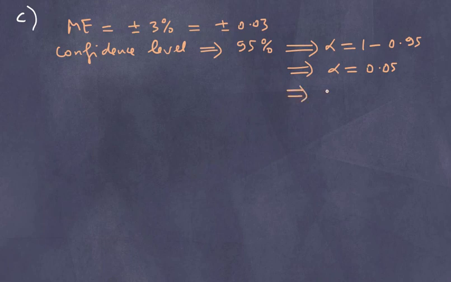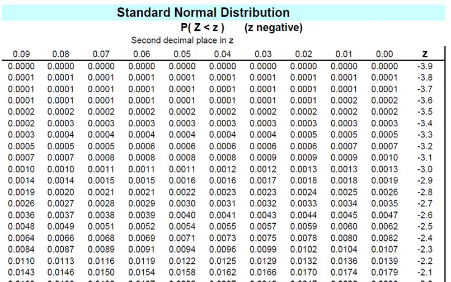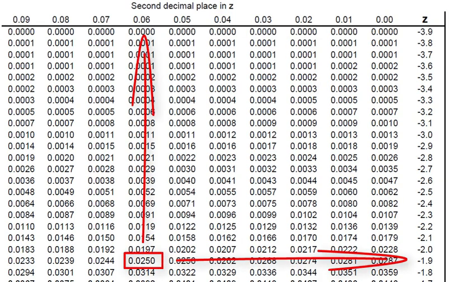But then you have to divide alpha by 2. That's 0.025. And you look at the Z table for 0.025. You will find 1.96.